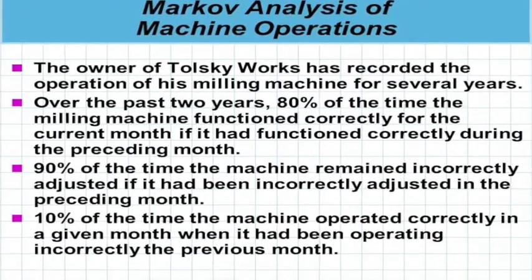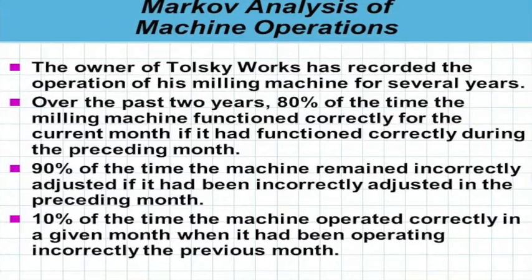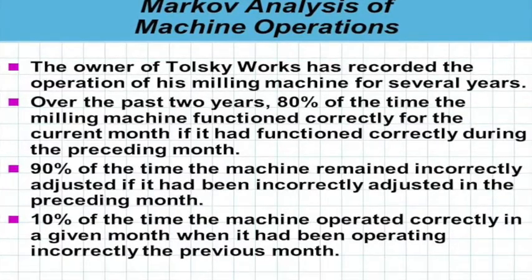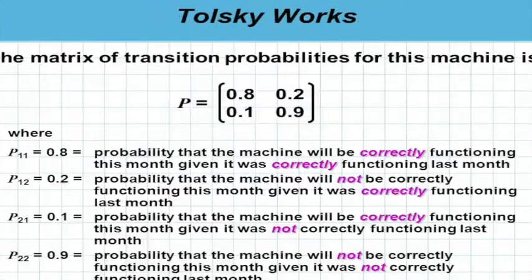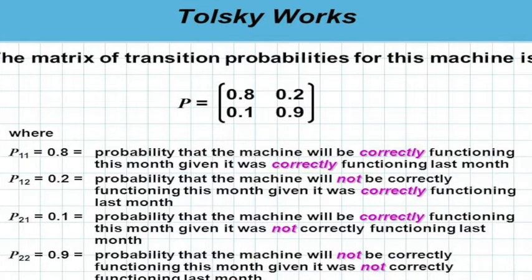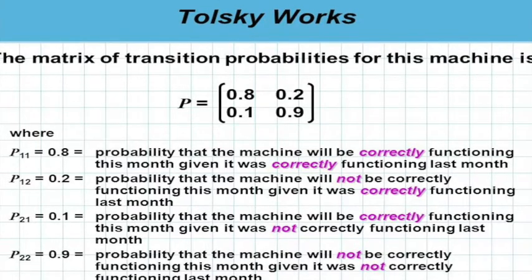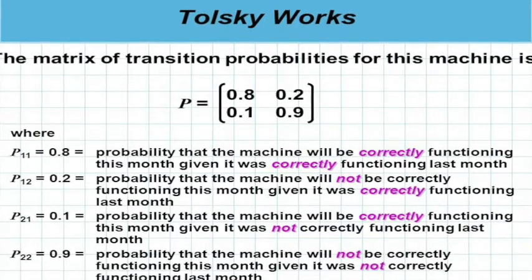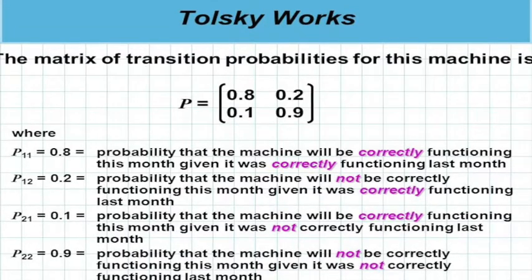And 10% of the time the machine operated correctly in a given month when it had been operating incorrectly the previous month. For Tolsky Works, the matrix of transition probabilities for this machine is 0.8, 0.2 for the first row, 0.1, 0.9 for the second row.